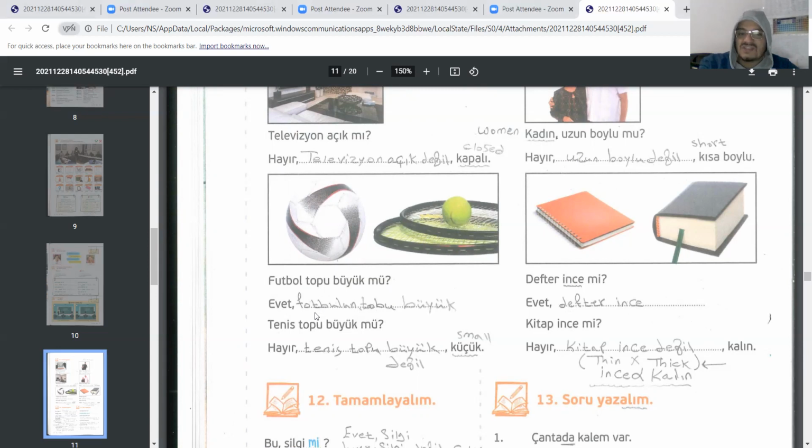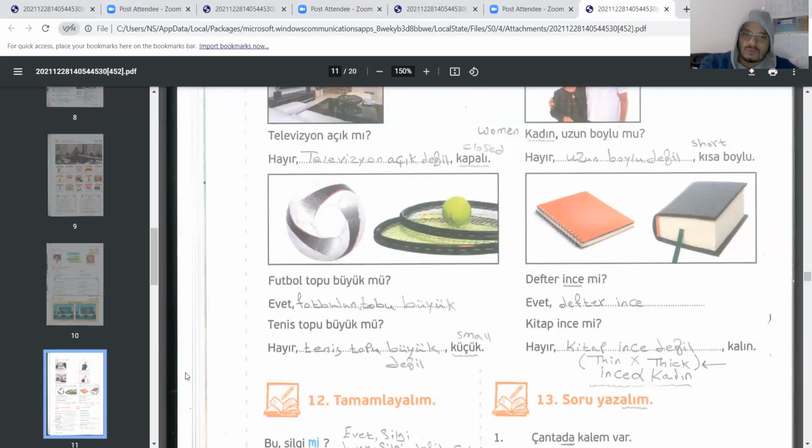Or we can say just futbol topu, because everyone knows the football is the general word. It is easier for us to say futbol topu büyük. Or we can say futbol topu büyük değil. It's not big.